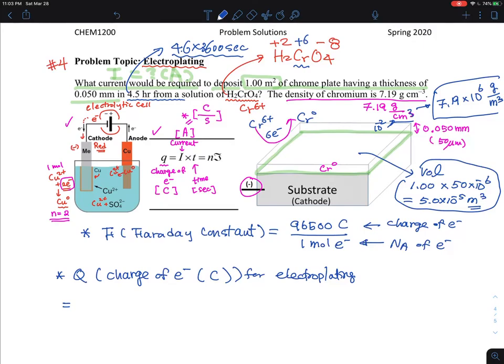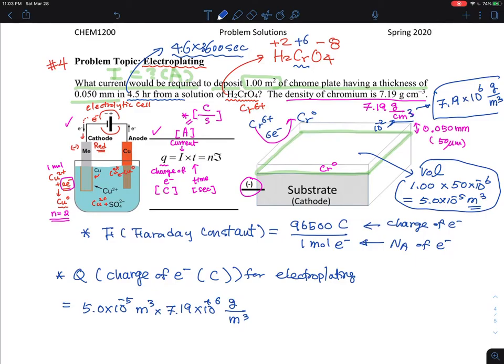Okay, so let's start with the volume. So I have 5.0 times 10 to the minus 5 meter square. That's a volume. And then I want to change that into 7.19 times 10 to the plus 6 gram per cubic meters.